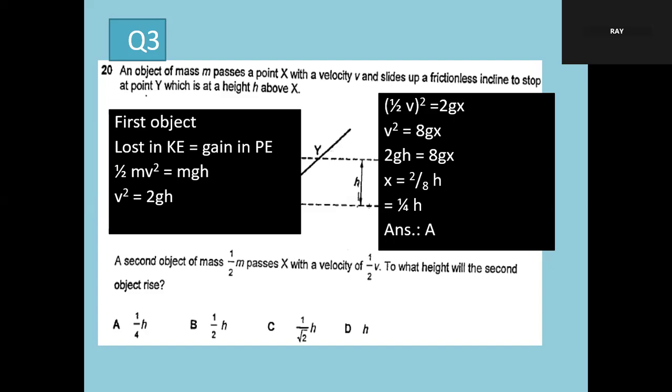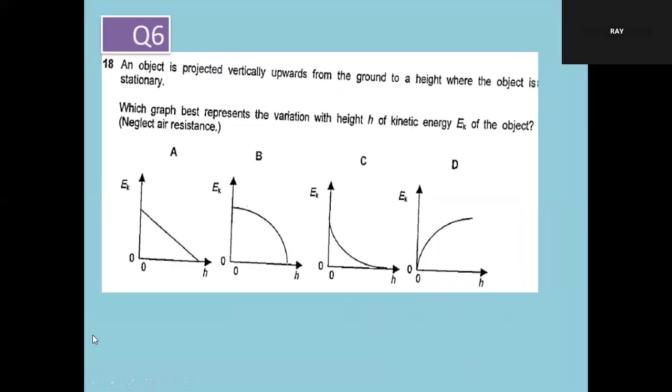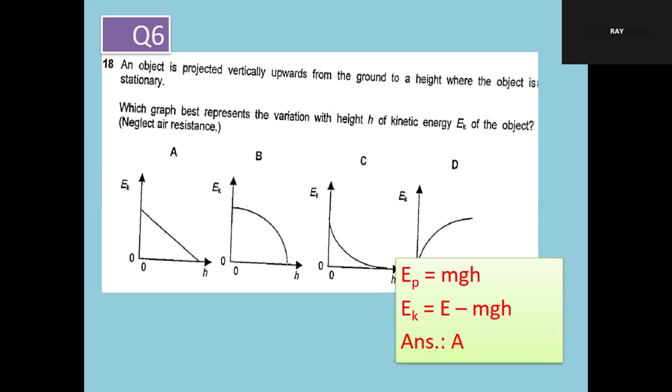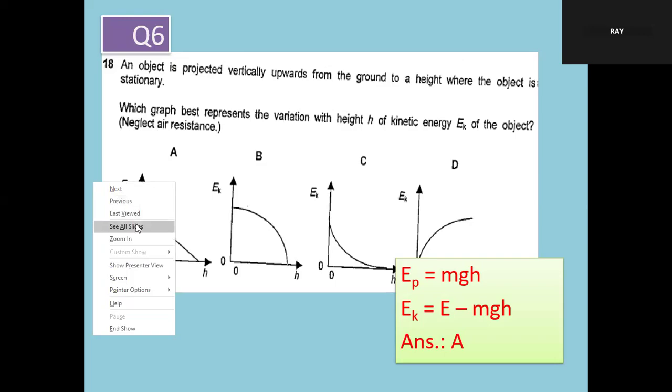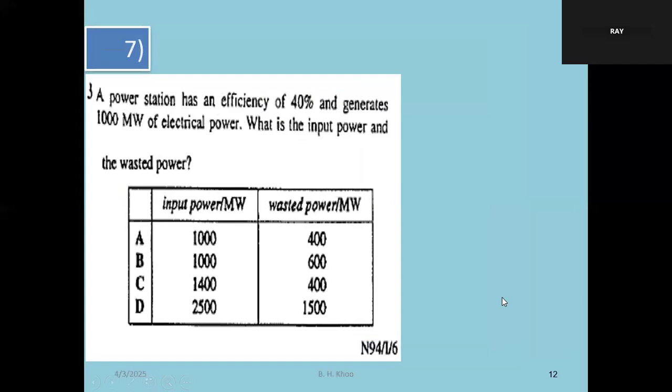Okay, any problem? No. Okay, then let's go to, how about this one? A. Okay, good. Number 7. 2,500.